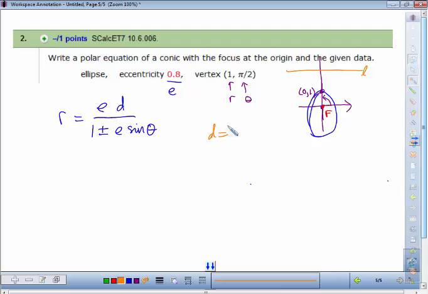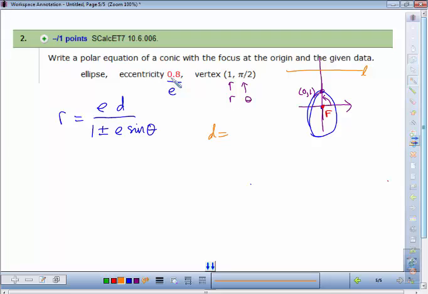We could find d here, but I'm more interested in finding d based on the picture. We have the focus point at 0, that's F, and we have the line L. And according to the definition of the eccentricity, remember the definition of eccentricity?